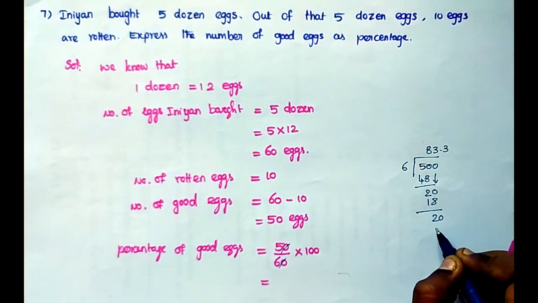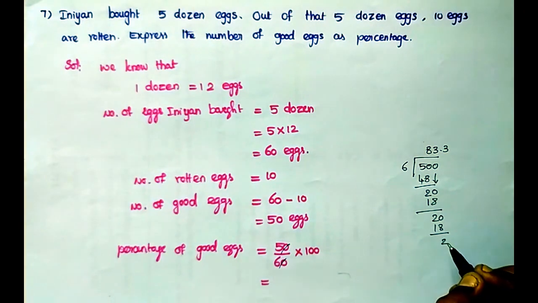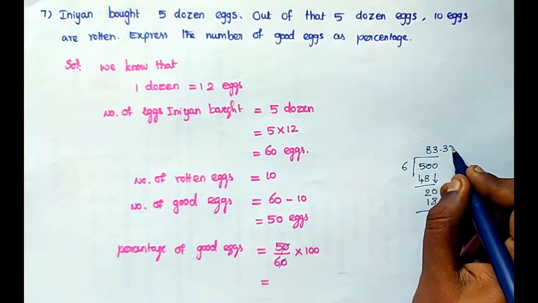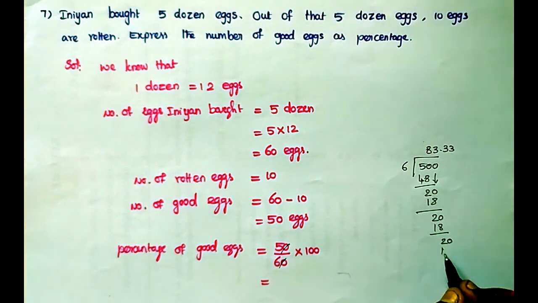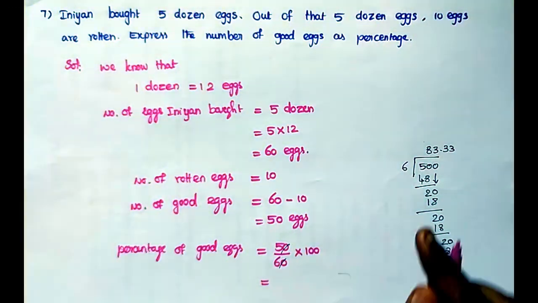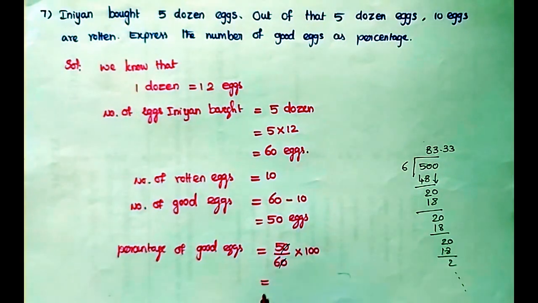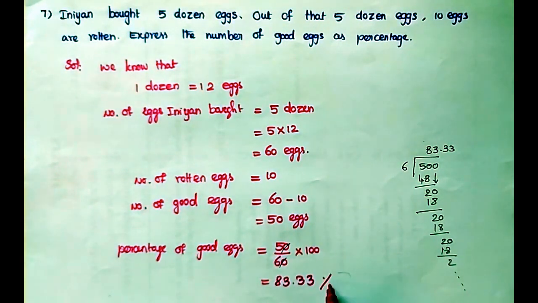So again 3 times 18, again we get the remainder 2 and put the 0, we get 20. So it goes on like that. After the decimal point 2 digits is enough. So 83.33%. That is the answer.